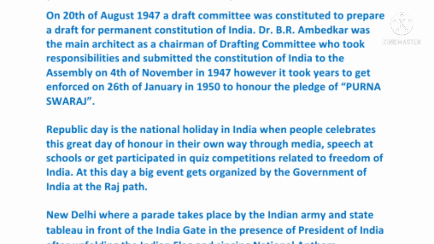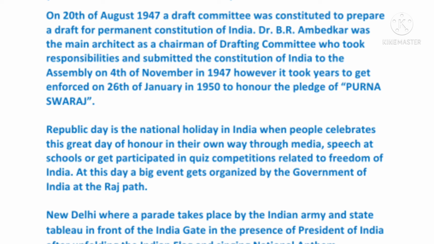However, it took years to get enforced on 26th of January in 1950 to honor the pledge of Purna Swaraj. Republic Day is a national holiday in India, when people celebrate this great day of honor in their own way through media, speeches at schools, or by participating in quiz competitions related to the freedom of India.